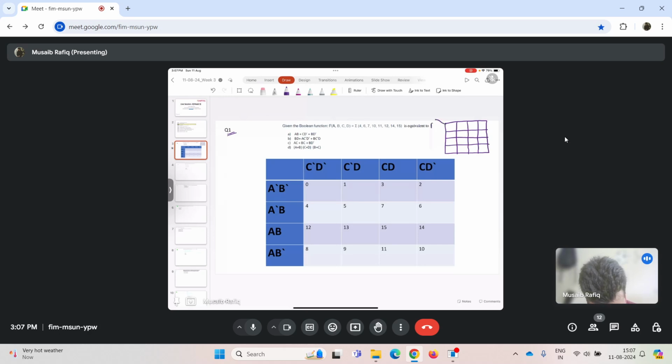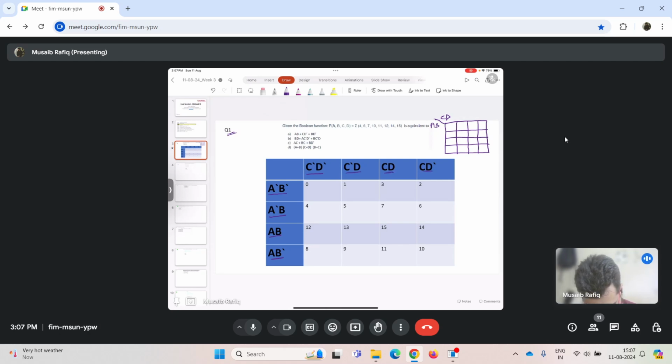Here I have written AB and CD. Then I'll mark all the terms here. This is A bar B bar. This is A bar B. This is AB and this is AB bar. Then this is C bar D bar. This is C bar D. This is CD and CD bar.